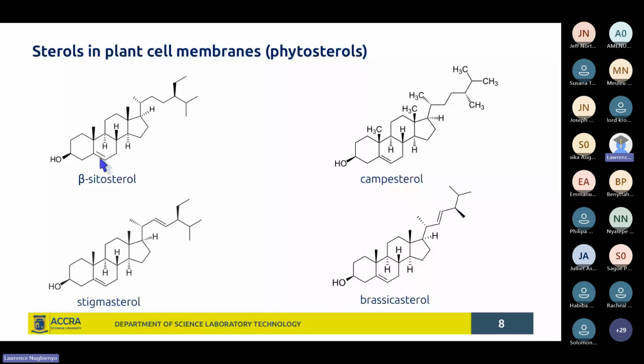When you do some of these extractions, you ask yourself, what is it that you are extracting, particularly if what you are extracting is lipid? Many of those lipids will be phospholipids coming from the cell membranes, but you also have some of these sterols, which are also being extracted from the plant's biomembranes.